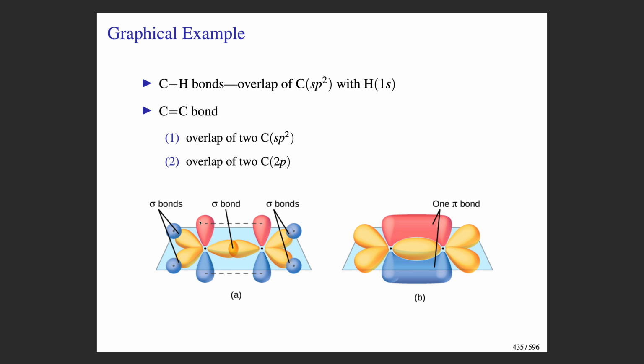And then what's being illustrated here, this is the p orbital that is perpendicular to the sp2 planar structure. And so we have good overlap above and below the plane of the molecule. And that forms a pi bond. We have overlap above and below. And that's the shape of a pi bond. And that's illustrated here in this sort of diagram.